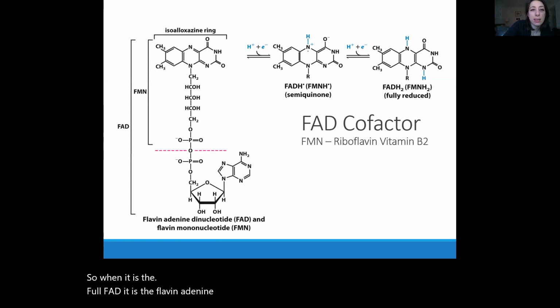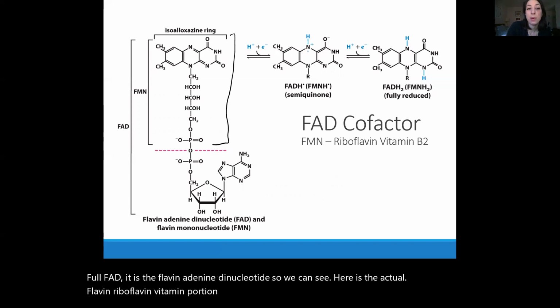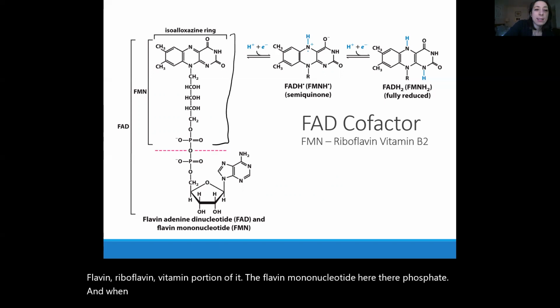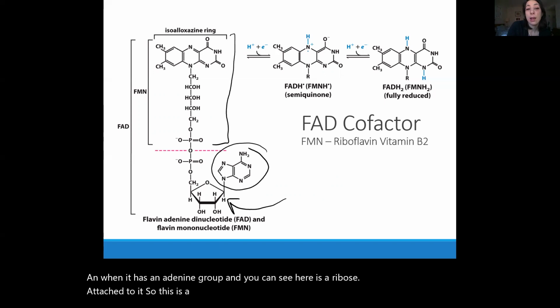So we can see here is the actual riboflavin vitamin portion of it, the flavin mononucleotide, with our phosphate. And when it has an adenine group, you can see here is a ribose attached to it. So this is a full nucleotide at the bottom. This is the FAD portion.